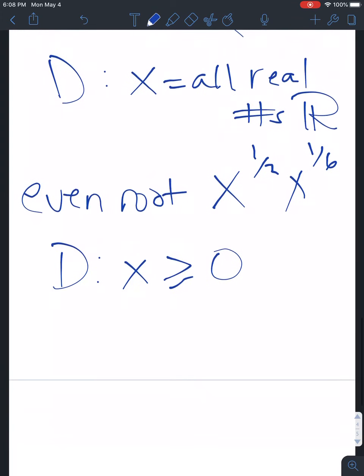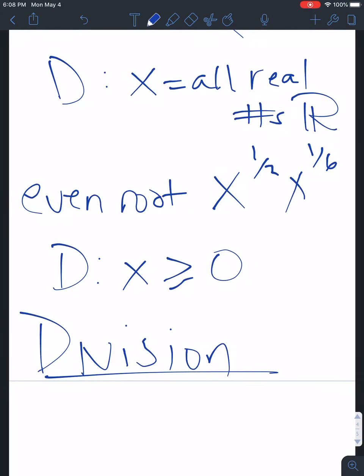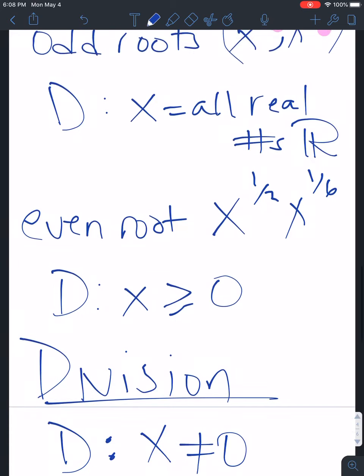All right? And the only other thing that you need to keep in mind with your domain is during your division. All right? In division problems, since you have an x on the bottom, for all division problems, your domain must include that x doesn't equal 0.